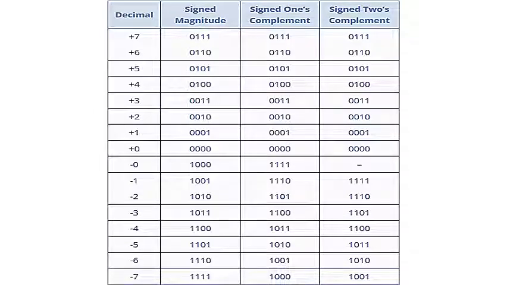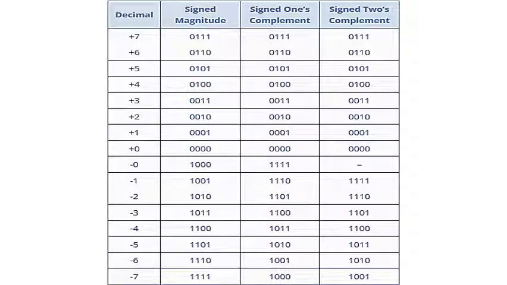This table shows the representation of different decimal numbers in signed magnitude, signed 1's complement and signed 2's complement. As you can see, there are some similarities and there are some differences.